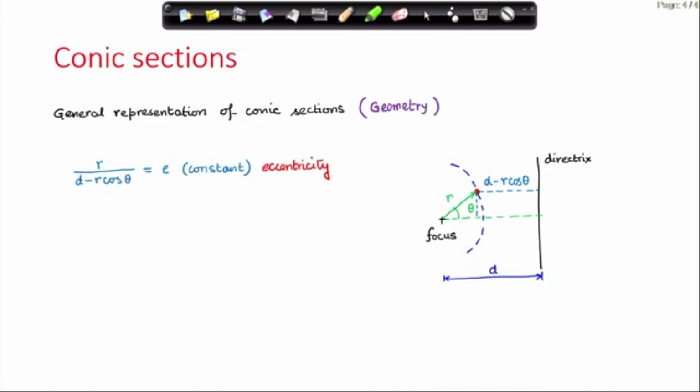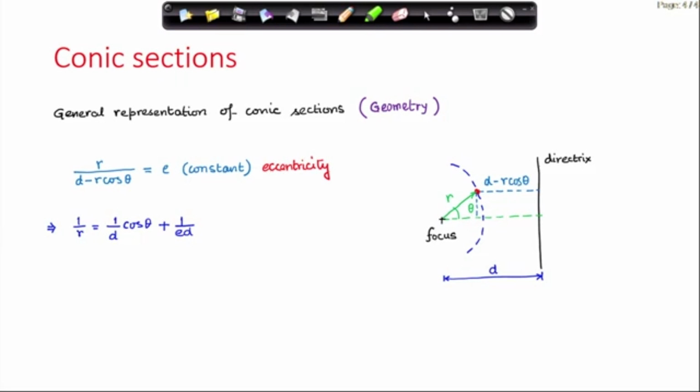Now, it is known that this ratio, the distance from a fixed point and a fixed line: r is the distance from the focus, and d minus r cos theta is the distance from the directrix. This constant is called the eccentricity, E. If you find the locus, when E is constant, this gives the form 1 over r equals 1 over d cos theta plus 1 over E d.